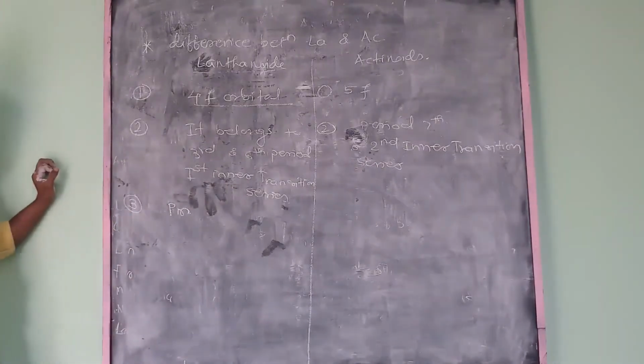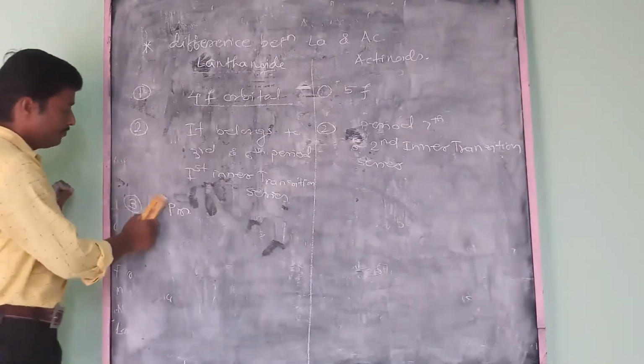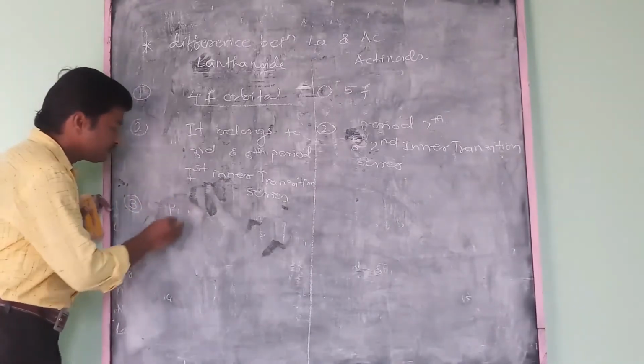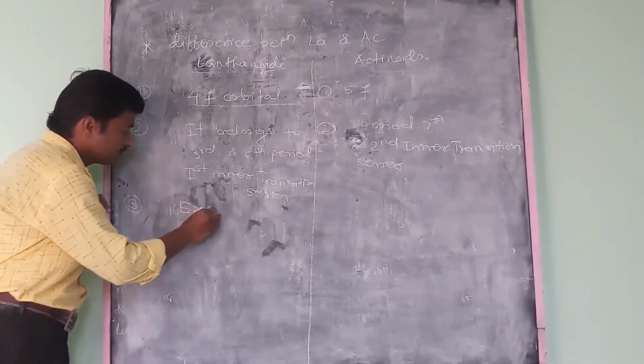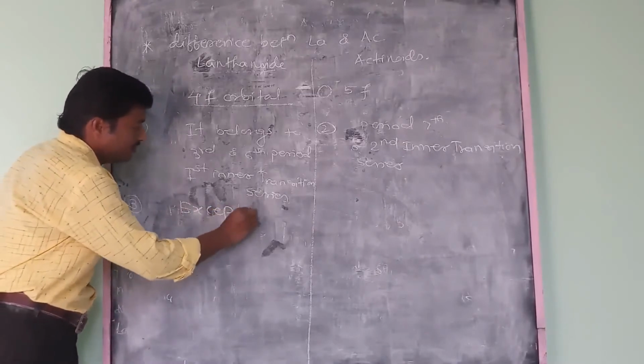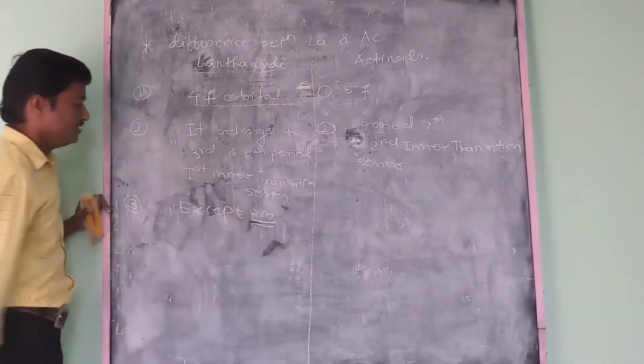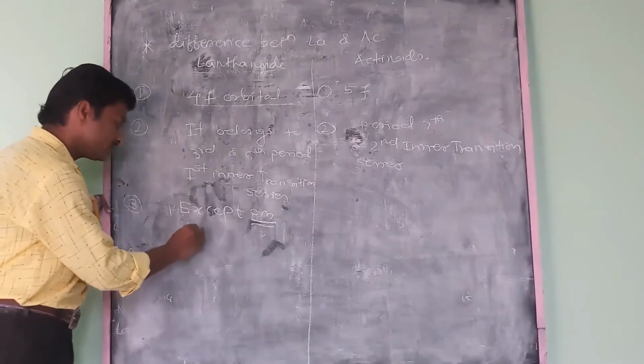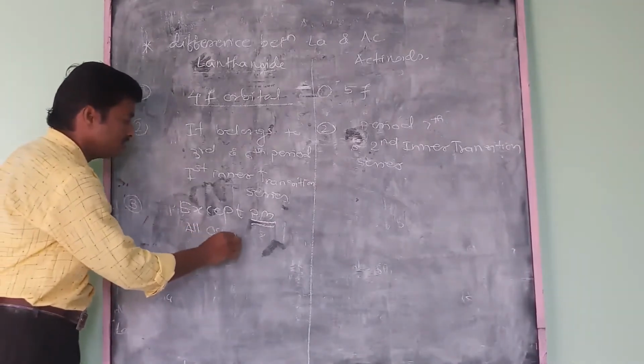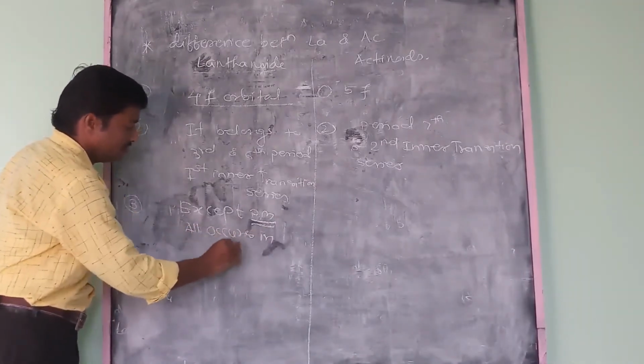Except promethium, all lanthanoid elements occur in nature.